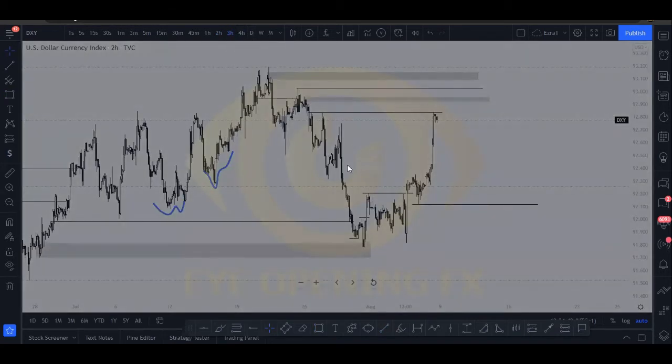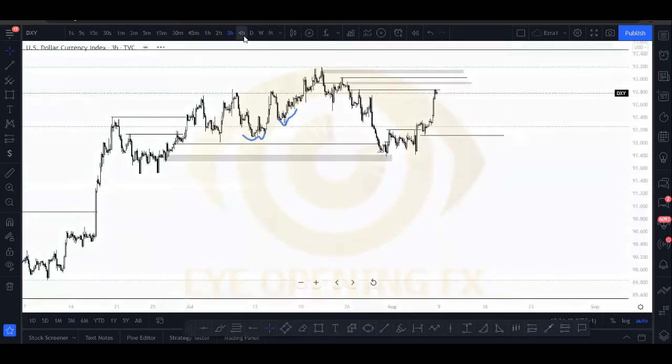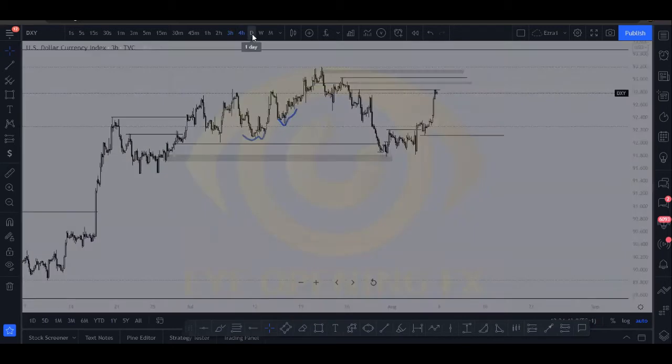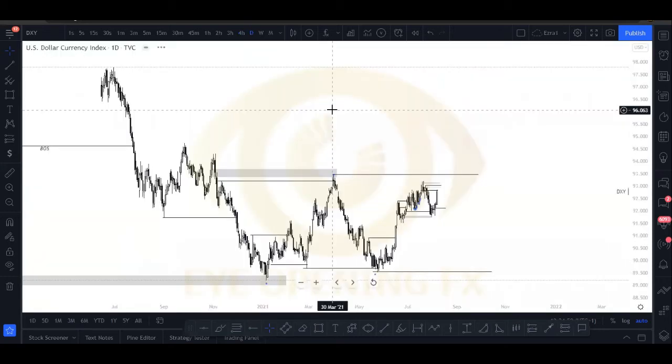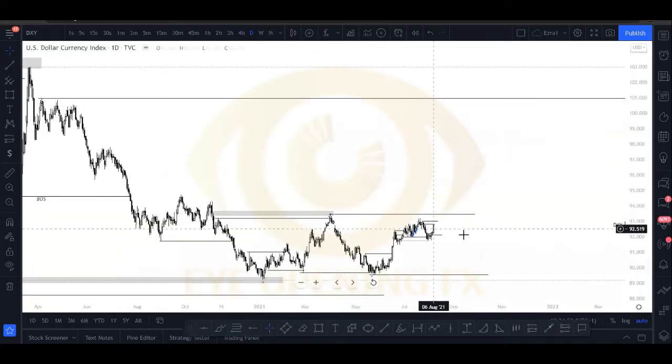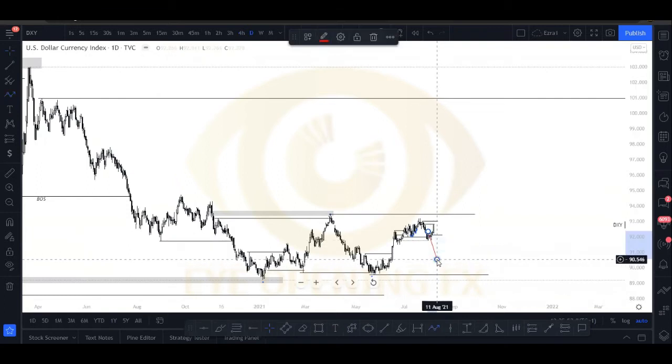So majorly on this daily time frame, we are bullish. But on the lower time frame, we are still bearish. That means we are expecting market to come to a discount level.